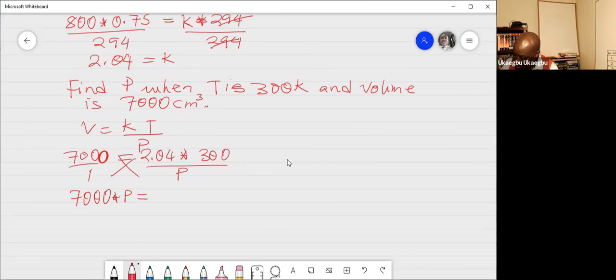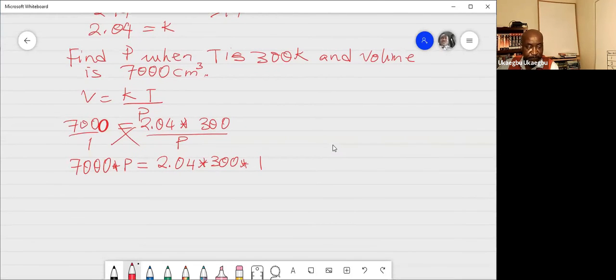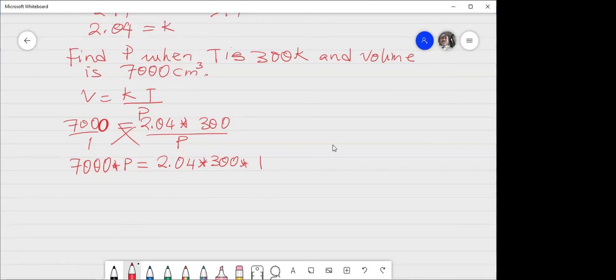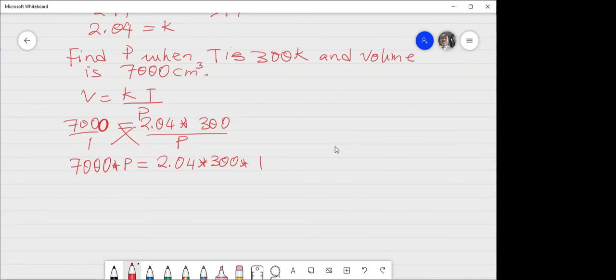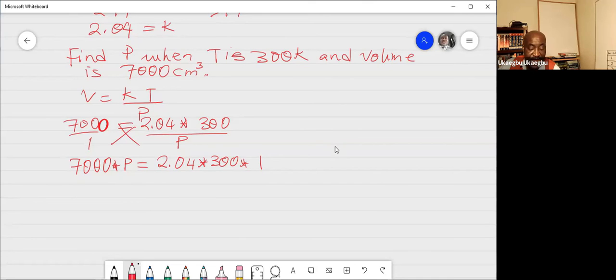It would be 2.04 multiplied by 300 multiplied by 1. What's the next step to find P? Wouldn't you just divide 7,000 on each side? Yes, divide both sides by 7,000.